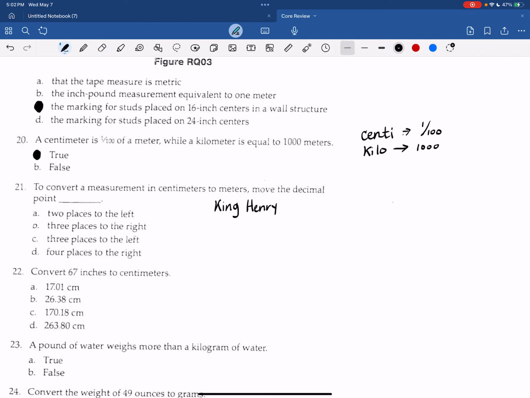King Henry died by drinking chocolate milk. And you're probably thinking this woman's nuts.